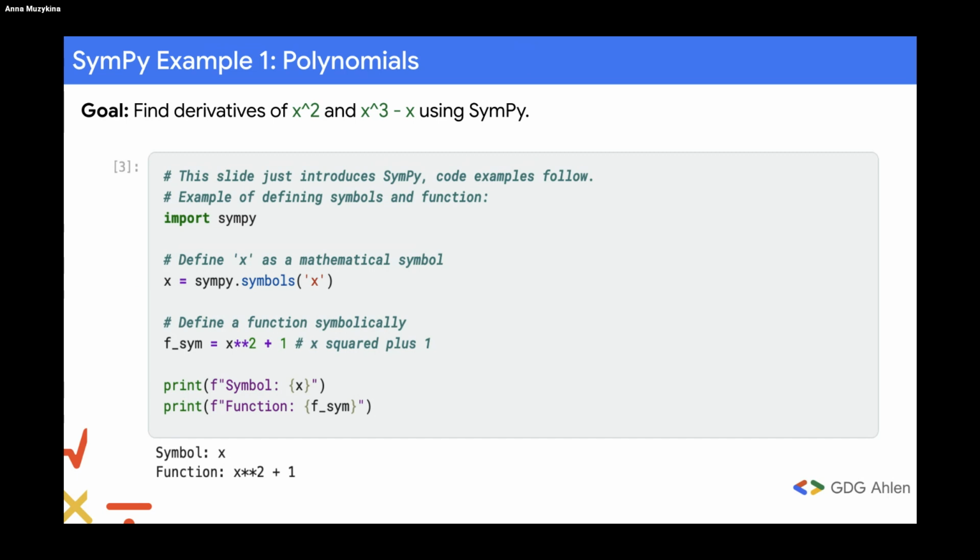We compute its derivative with respect to x using sympy.diff of f1, comma x, and store it in f1 prime. Printing f1 prime shows the result 2 times x, or 2x, which matches the power rule.